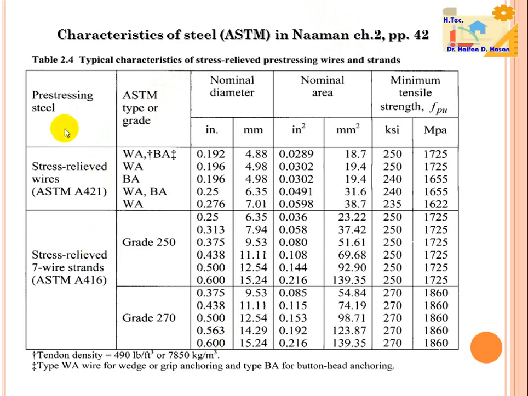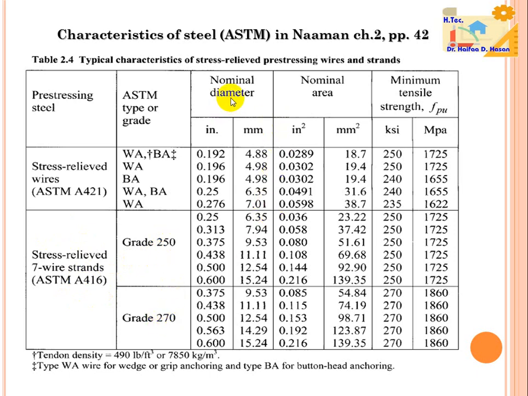In the first column, the pre-stressing steel type: stress relieved wires according to ASTM A421 and stress relieved 7-wire strand according to ASTM A416, and here the ASTM grade for each type of pre-stressing steel, grade 250 and 270.